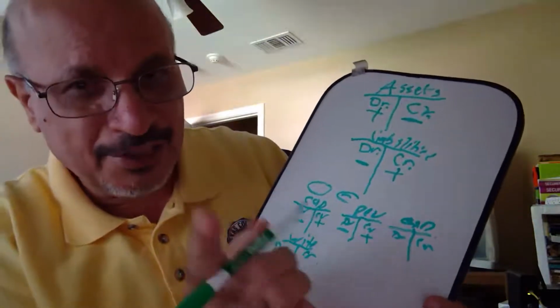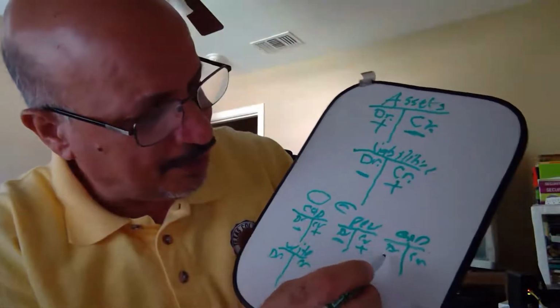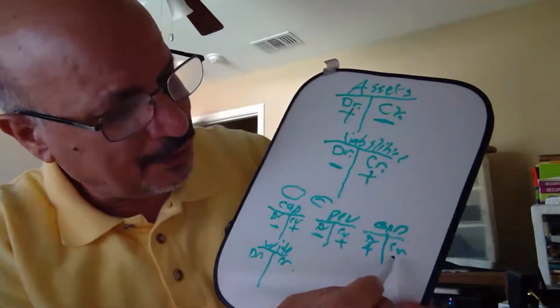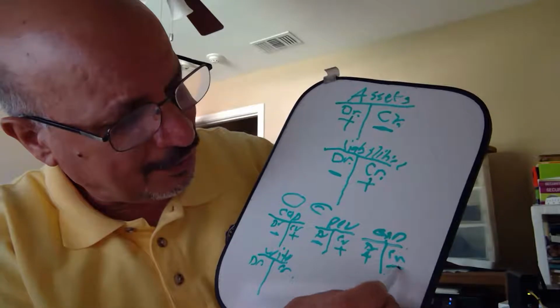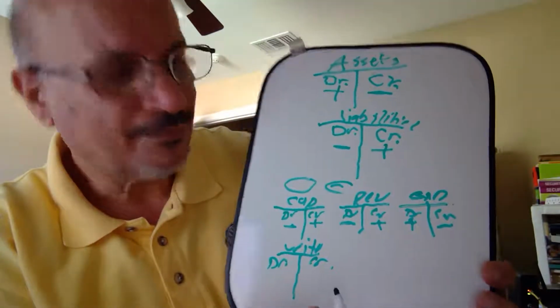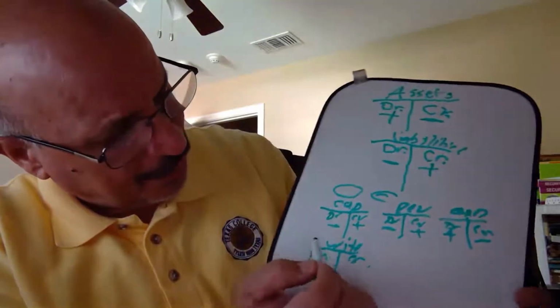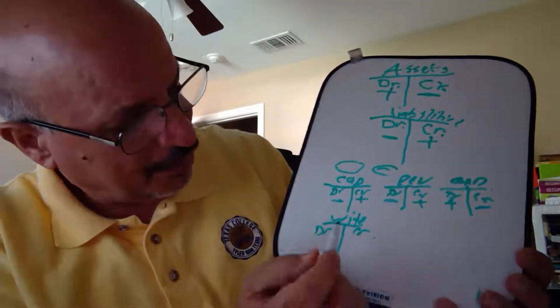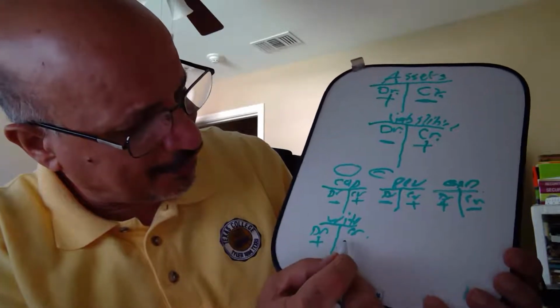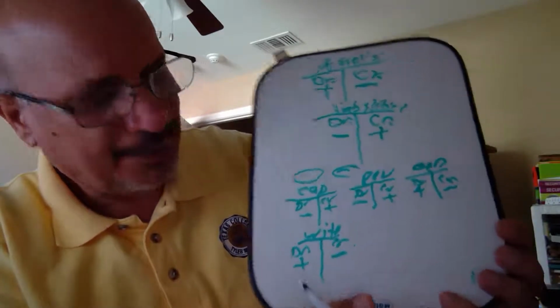Expenses, you treat them like assets. When they increase, they are debited. When they decrease, they are credited. Withdrawals, when they increase, they are debited. When they decrease, they are credited.